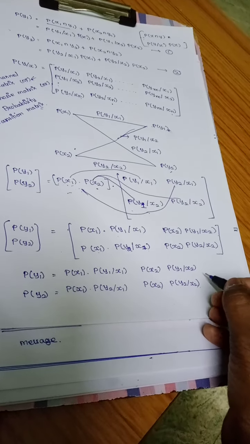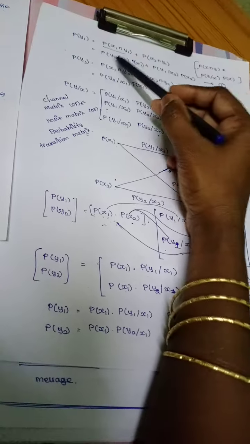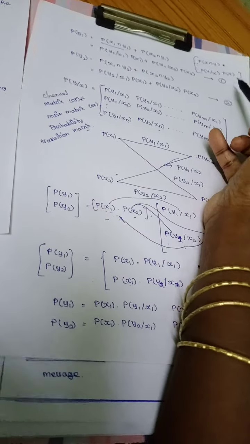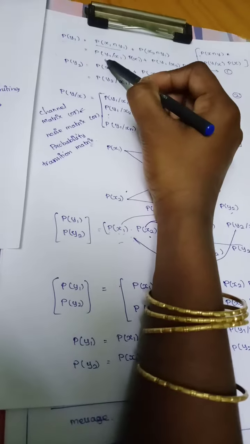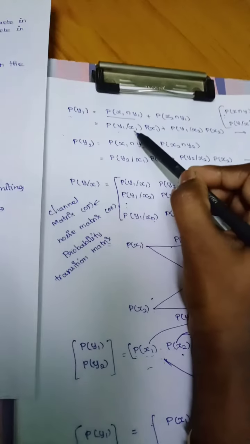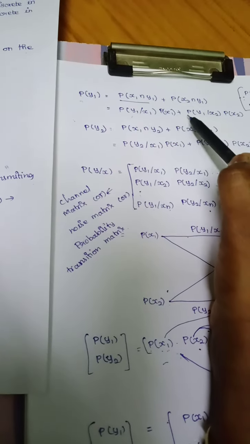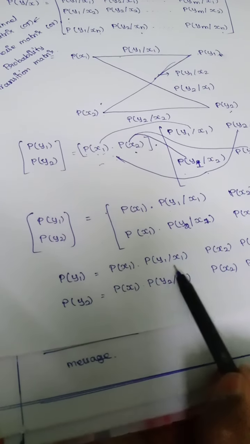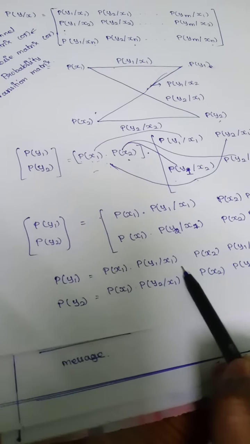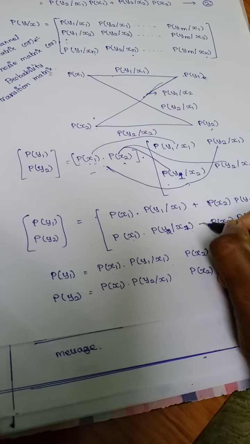So as per what we have learnt before, equations 1 and 2: P of y1 is equal to P of y1 divided by x1 into P of x1. Here also P of y1, that is P of x1 into P of y1 divided by x1, plus symbol.